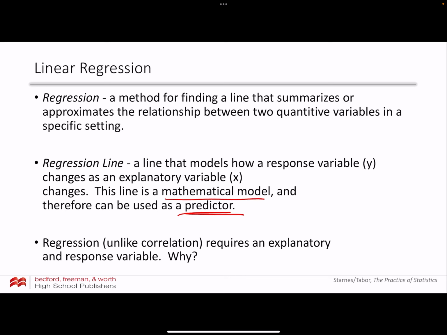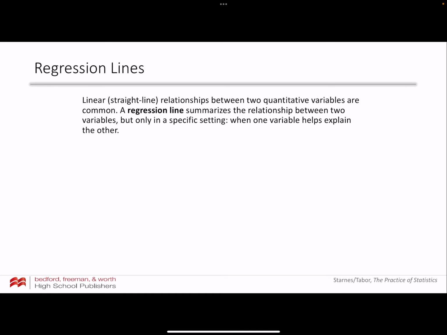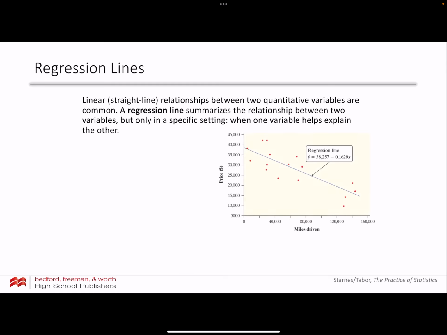With regression, we require an explanatory and response variable. All right, so linear relationships between two quantitative variables are common. So the regression line summarizes the relationship between these two variables, but again, only in a specific setting, only when we have a clear explanatory variable and a clear response variable, when one variable helps to explain the other.